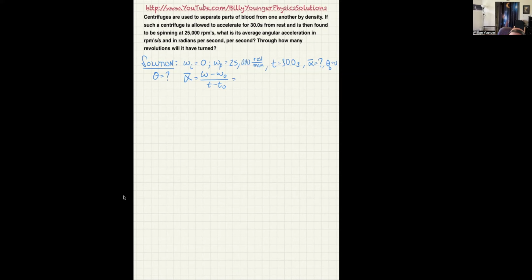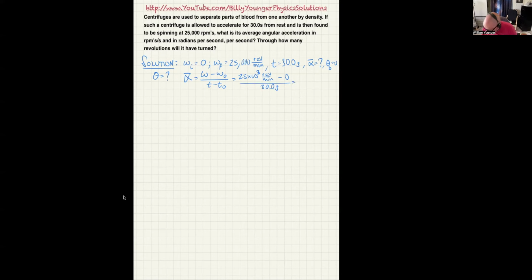That's going to give us 25 times 10 to the third. I'm assuming here that I only have 2 sig figs in the 25,000, but I'll carry extra digits, so you'd have the result even if you did 3 sig figs. So that's 25,000 revolutions per minute minus 0, and then all of that is divided by 30.0 seconds.